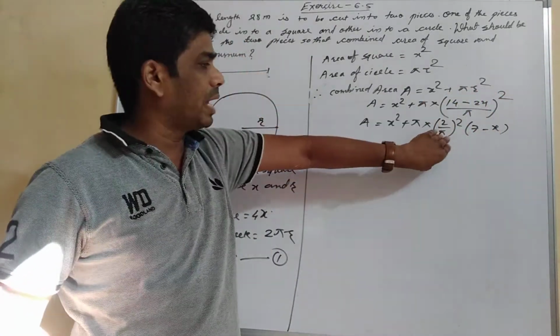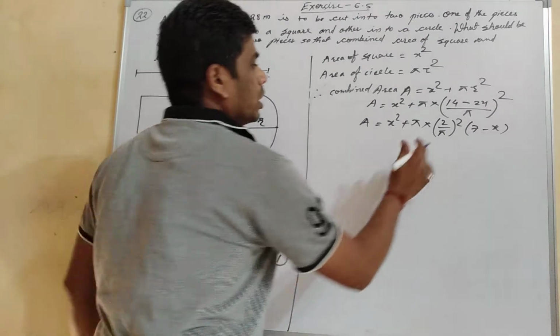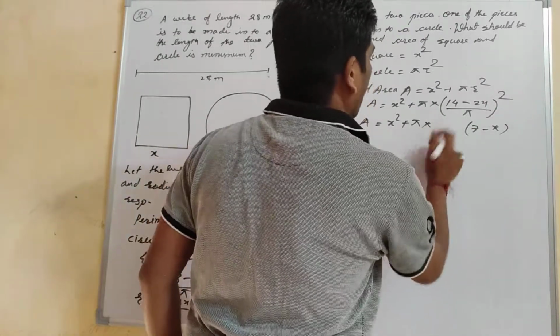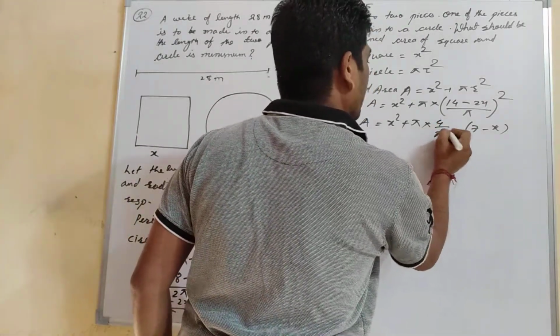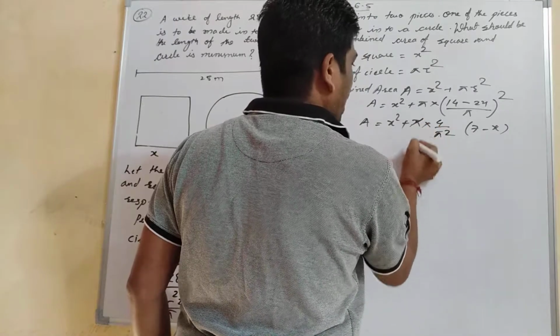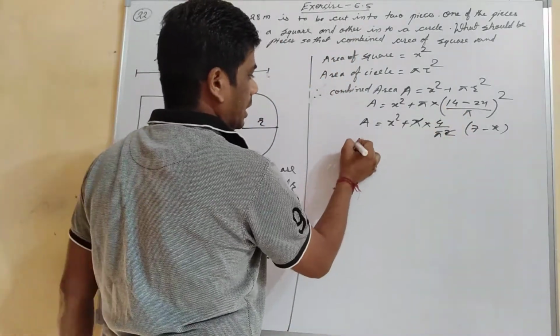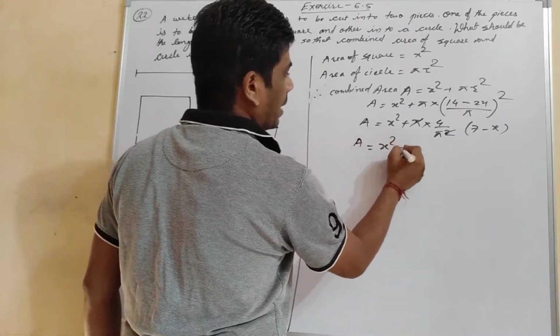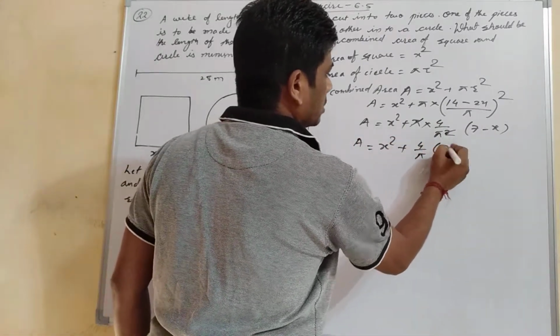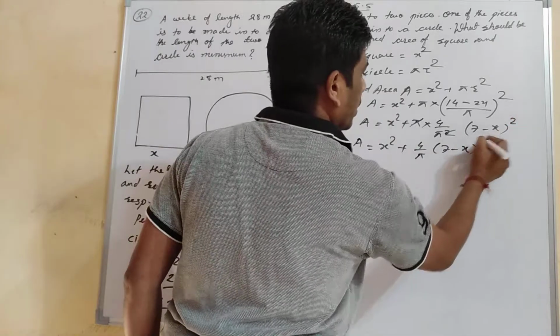Whatever we take common will also be in square form. So 2 twos are 4 and pi square, and pi cancels, which means finally A equals x square plus 4 upon pi into 7 minus x whole square.